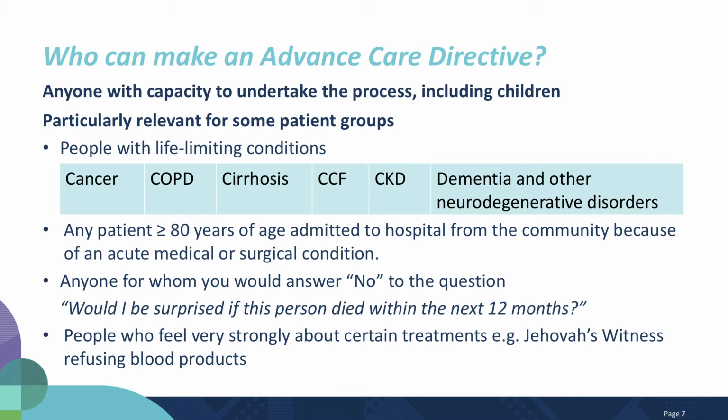Anyone can make an advanced care directive, but it's particularly relevant for people living with a life-limiting illness. It's also very relevant to any patient over the age of 80 who's admitted to hospital from the community for a medical or surgical condition, because we know from data that those people are at an increased risk of dying within the next 12 months.